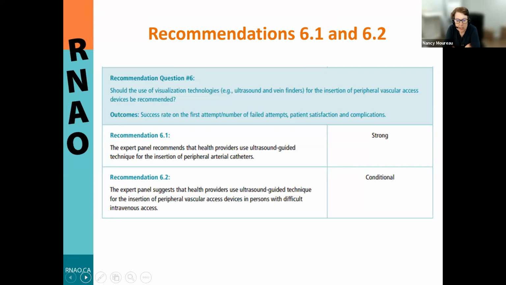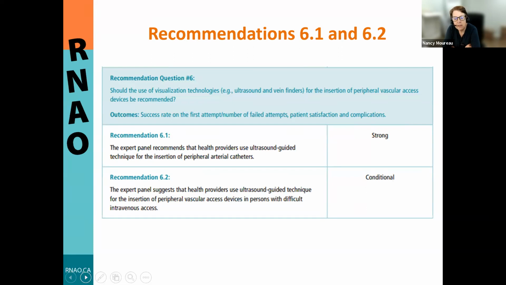In recommendation 6.2, the expert panel suggests that health providers use ultrasound guided insertion technique for the insertion of peripheral vascular access devices for persons with known difficult intravenous access.